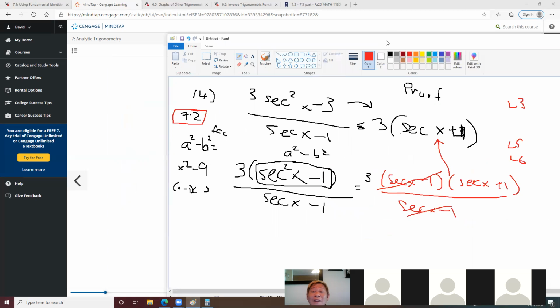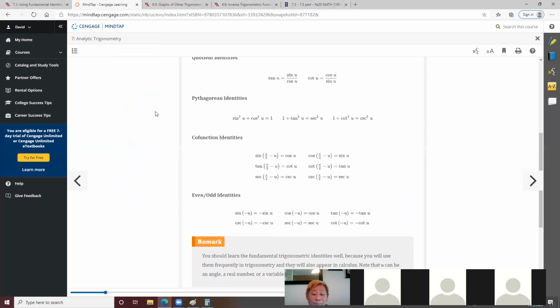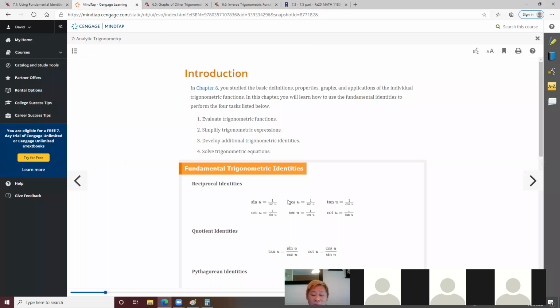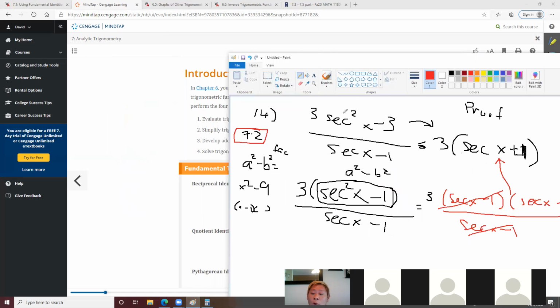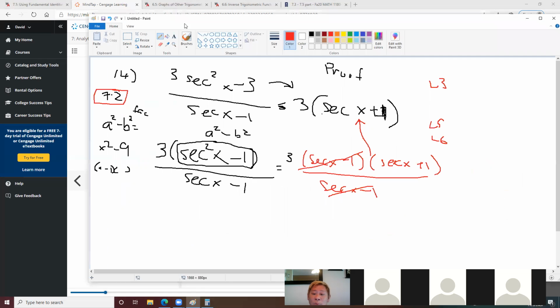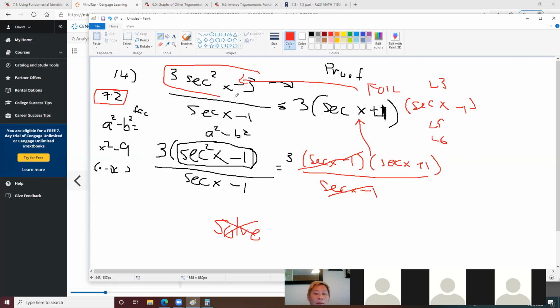So make sure, when you do this, this is all in 7.2, which is what we did. The only thing about 7.2 when you do proving is that it's not the same thing as solving. A lot of students, when they try to prove this, say, oh, I can just multiply this by secant x minus 1 and then FOIL this whole thing out, and I will get back this one.